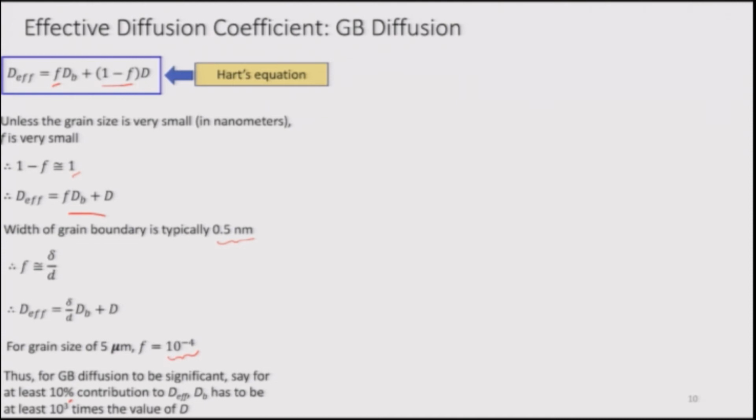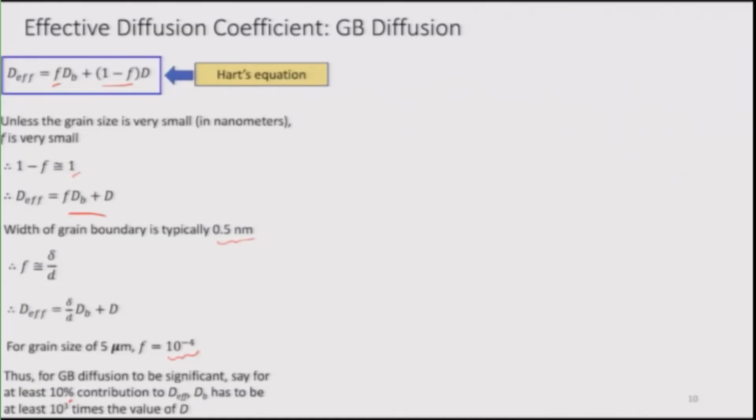For a large grain material, this is going to be even a higher number. Now, this will help to understand why the grain boundary diffusion becomes more dominant at low temperature, because we have seen at low temperature the difference between the grain boundary diffusivity and lattice diffusivity is much higher.